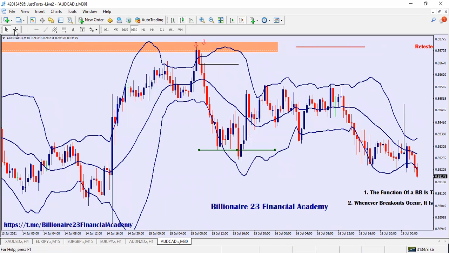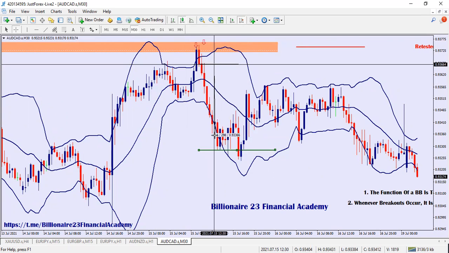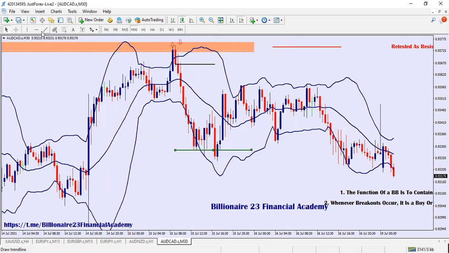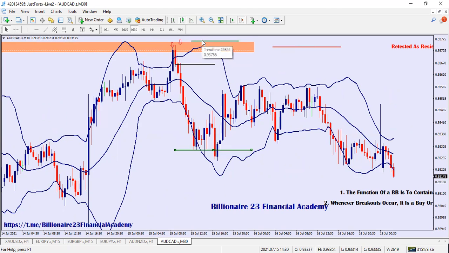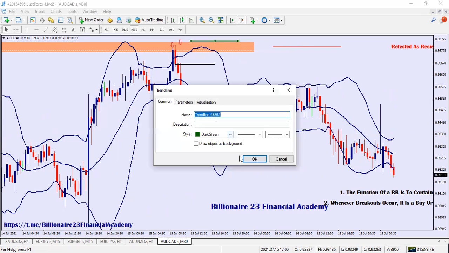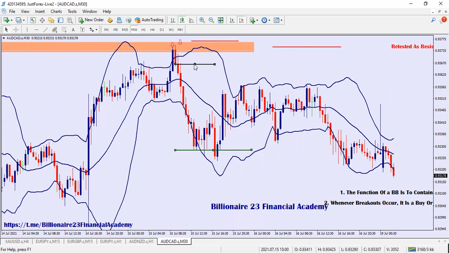Just as an example, this would have been a 360 pip take profit versus, let's say, a stop loss of about 100 pips. So you're risking 100 pips to make 360, which is a good ratio.